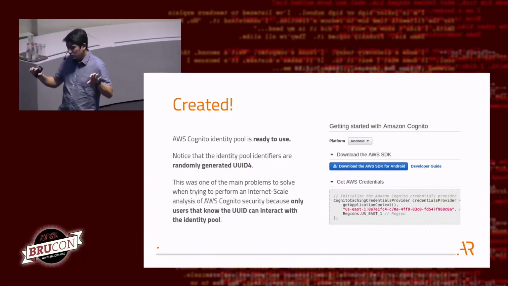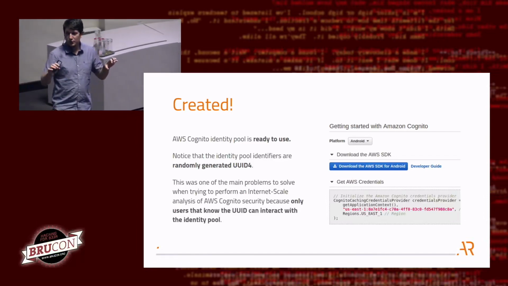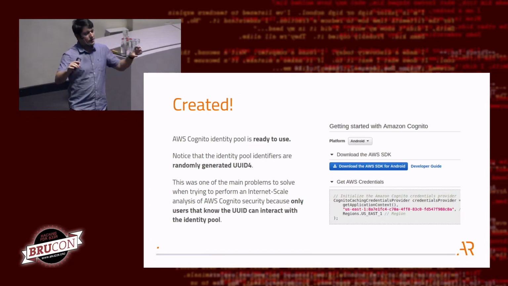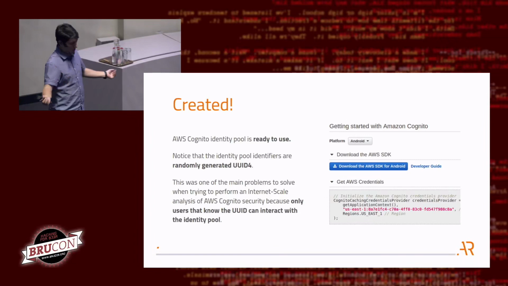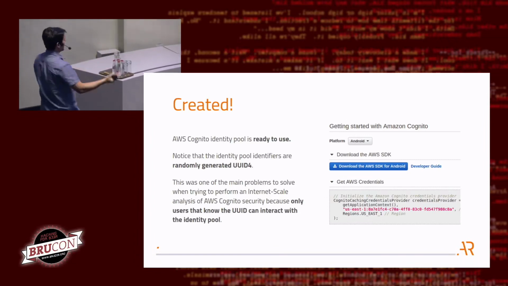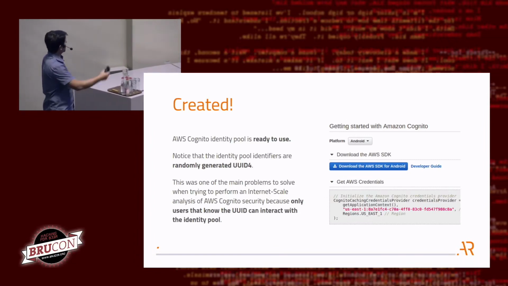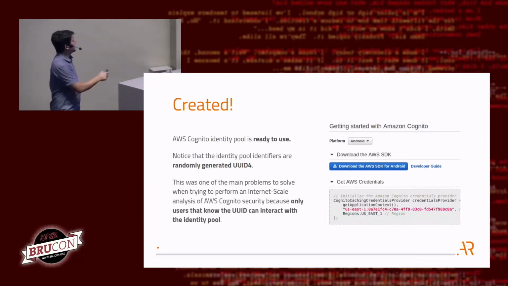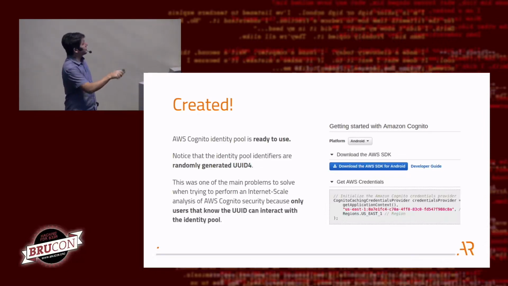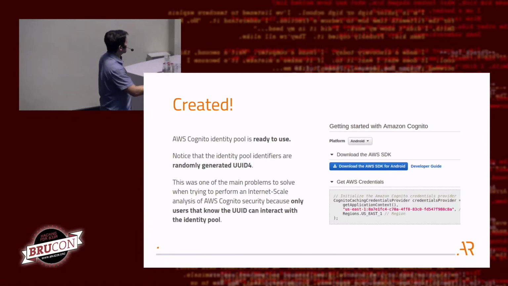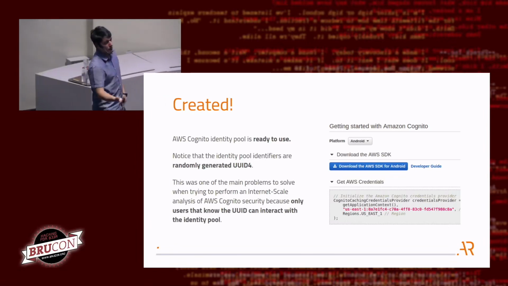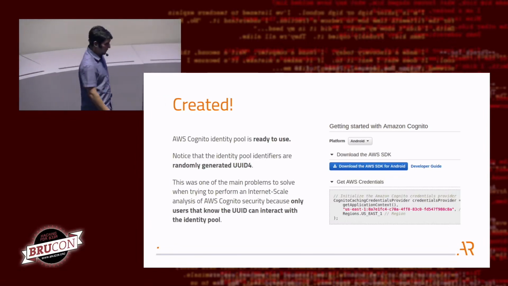It needs to be hard-coded because it's the entry point for Cognito. Those applications, when they need to talk with Cognito, need the ID in order to know which Cognito instance they are talking with. And as a reminder, this is completely random. It's not possible for me to predict those IDs, and it's long, so I'm not going to be able to perform a brute force over those IDs.